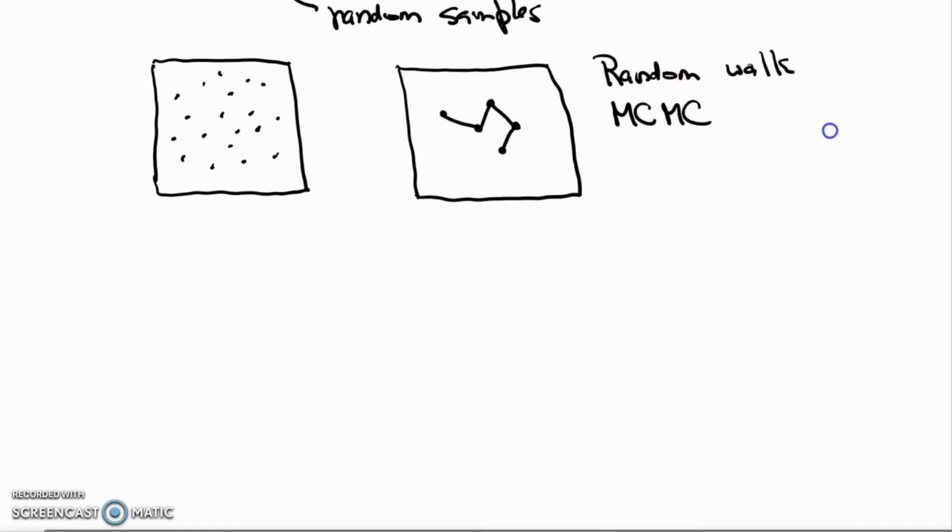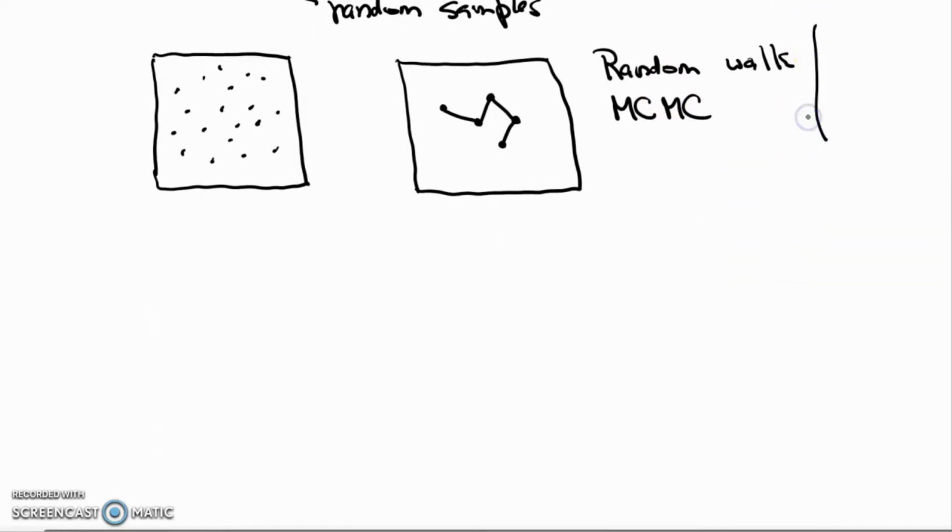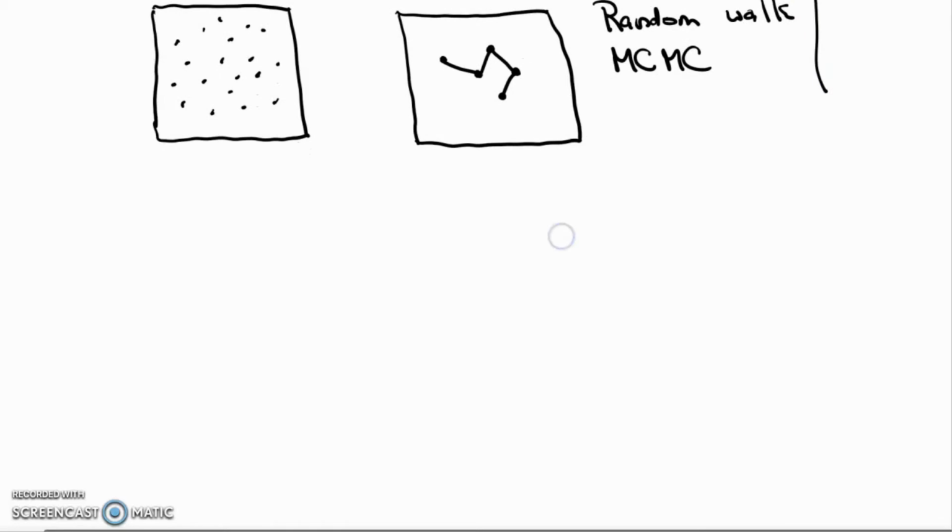So we saw some different examples of this random walk Markov chain Monte Carlo, and the first was with our wandering politician that wanted to visit islands proportional to their population sizes.